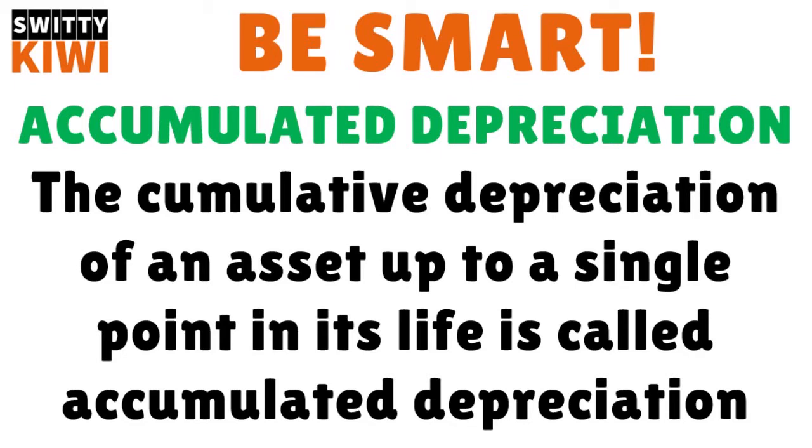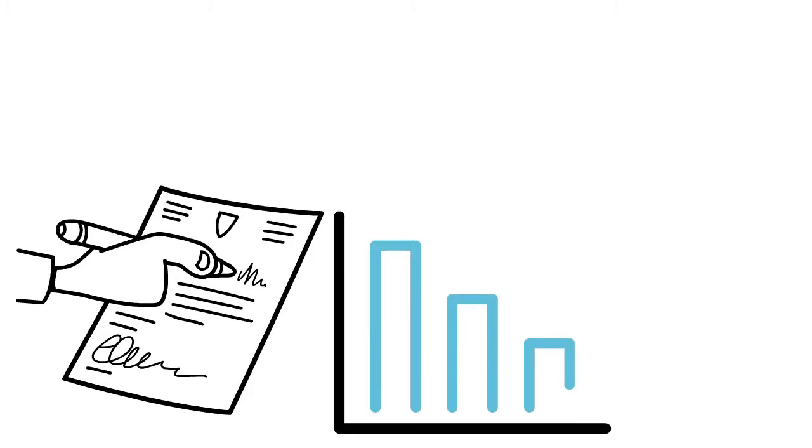Okay, and accumulated depreciation applies to assets that are capitalized. Okay, so when we talk about capitalized assets, we are talking about assets that provide value for more than 1 year. Okay, so this is really important. So accounting rules actually dictate that revenues and expenses are matched in the period in which they are incurred. Okay, so depreciation is the solution for this matching problem for capitalized assets because it does a great thing.